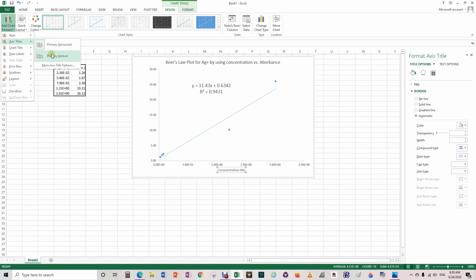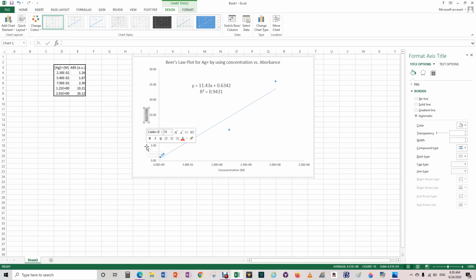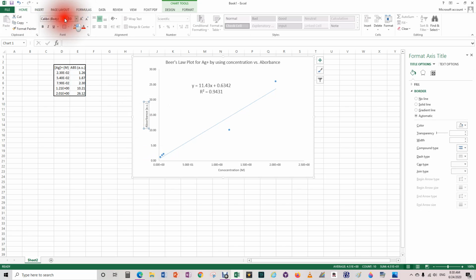And we have a vertical, which is absorbance, AU. Here we go, and make it bigger also. It's easier for your TA to see. Here we go. Okay.